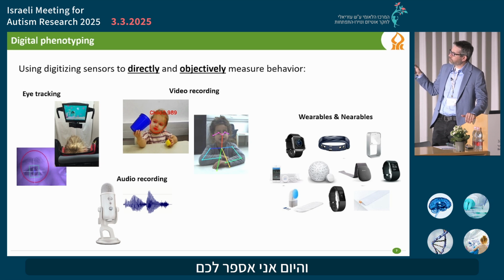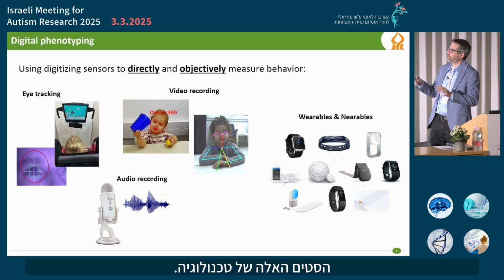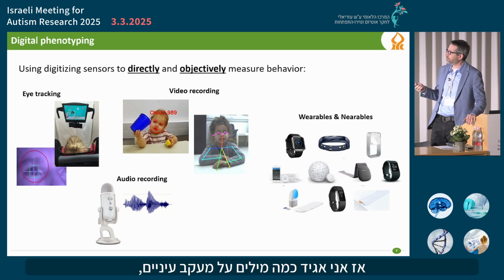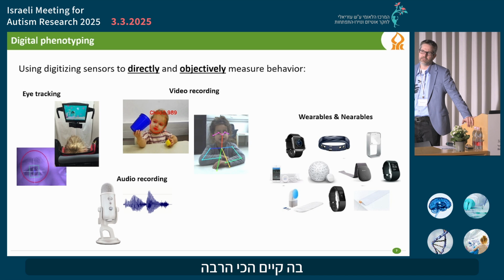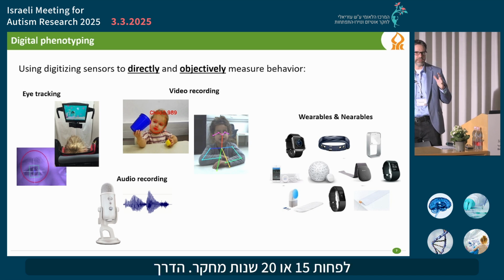Today I'm going to tell you briefly about these four sets of technology. I'll say a few words about eye tracking, which is probably the most mature technology. This is the one where there's been the most research to date, at least 15 or 20 years of research.